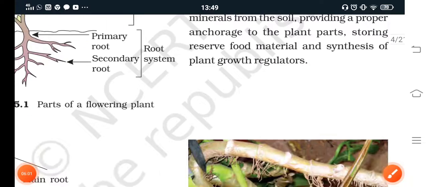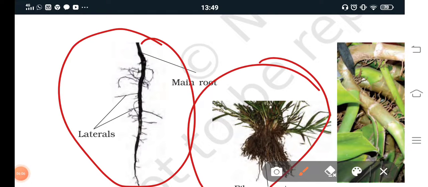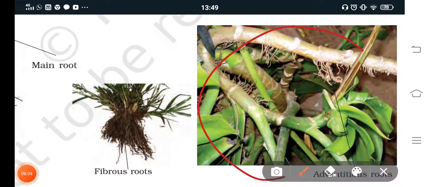So basically there are three root systems: the taproot, fibrous root, and the adventitious root system.